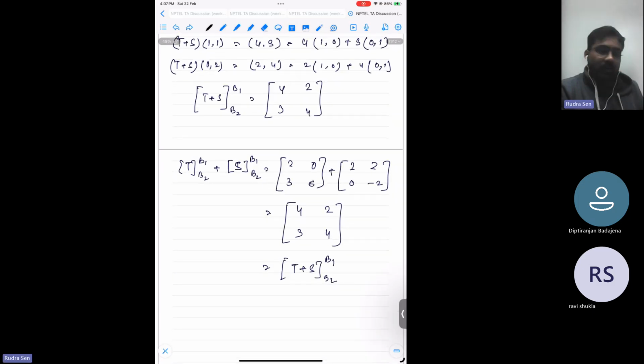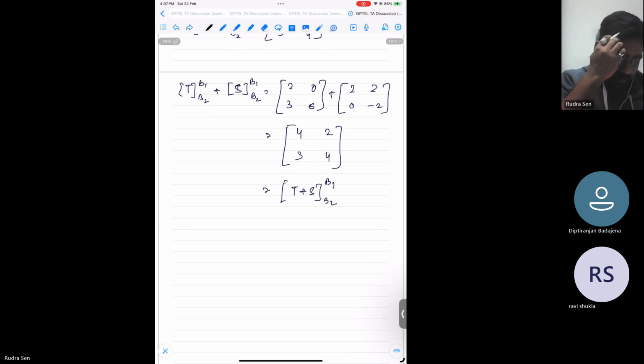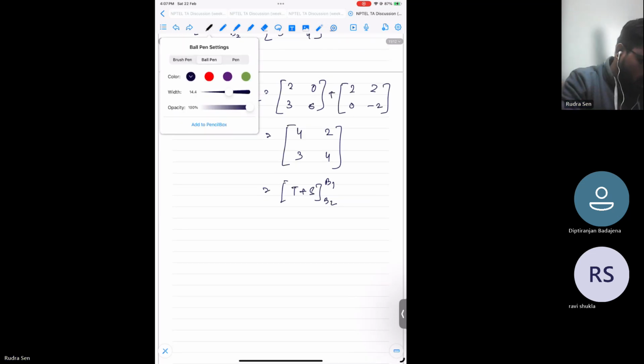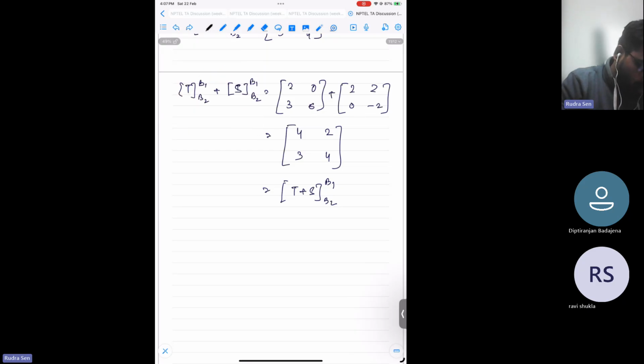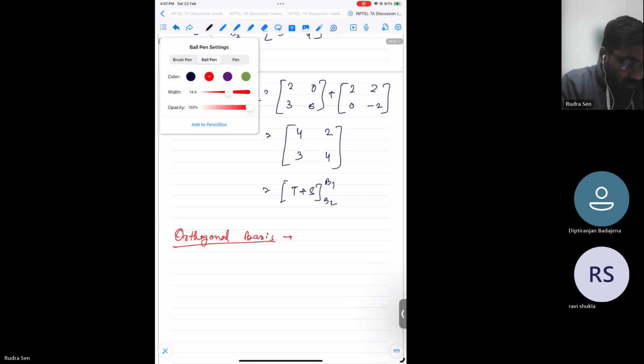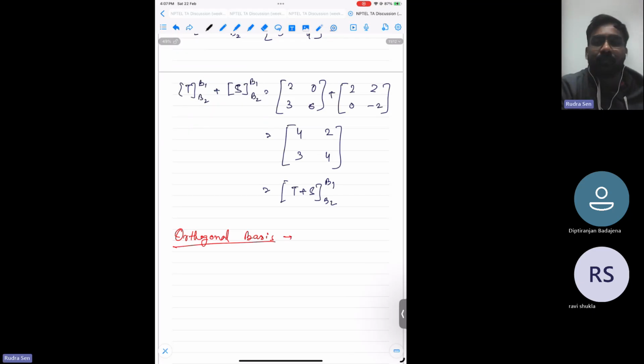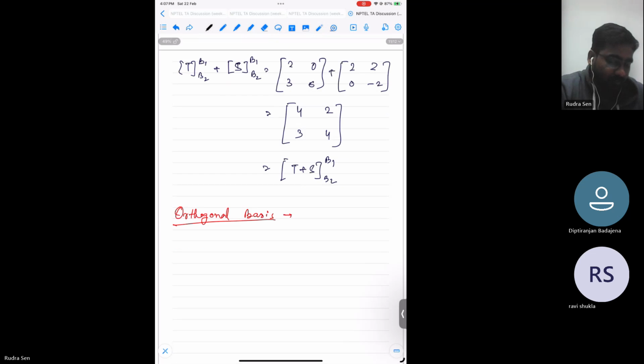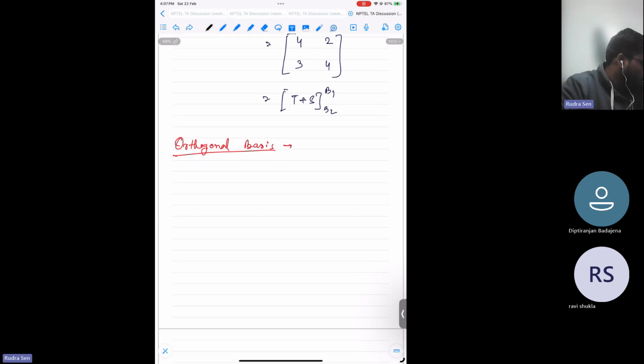So now let's move to the orthogonal basis. First of all, what is an orthogonal vector? An orthogonal vector means the two vectors are perpendicular to each other.